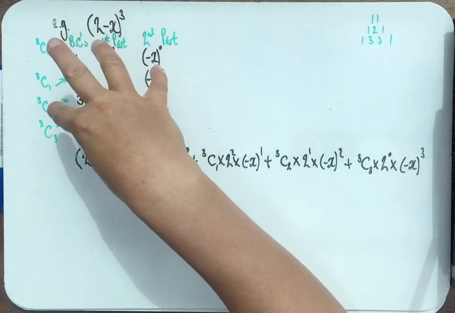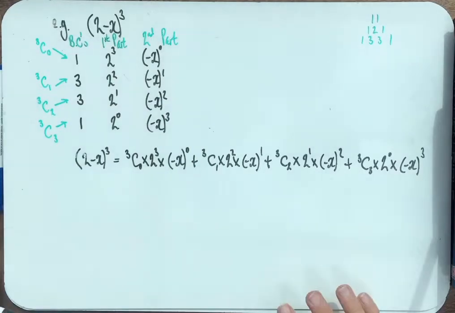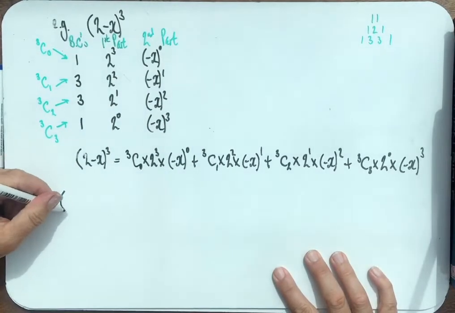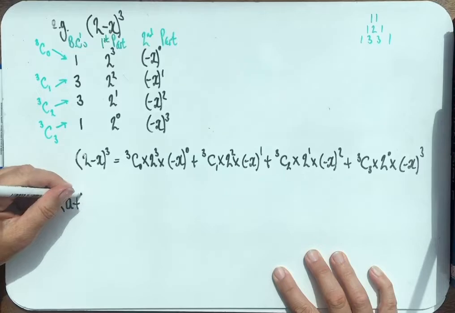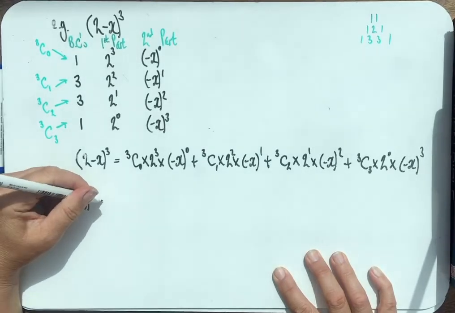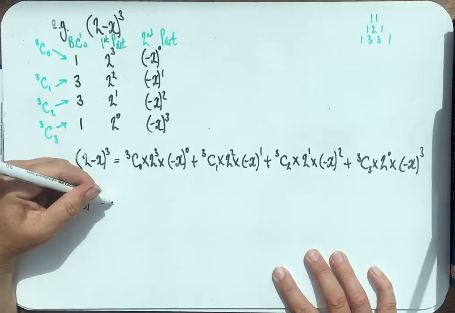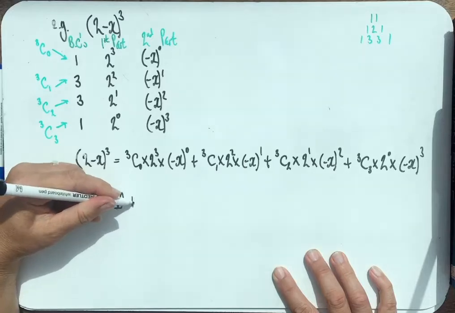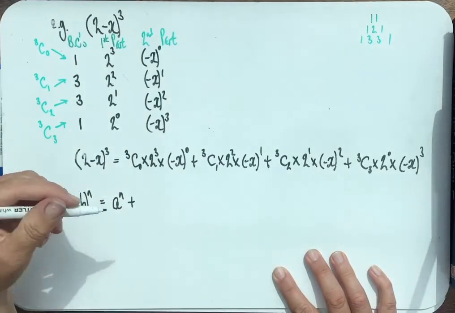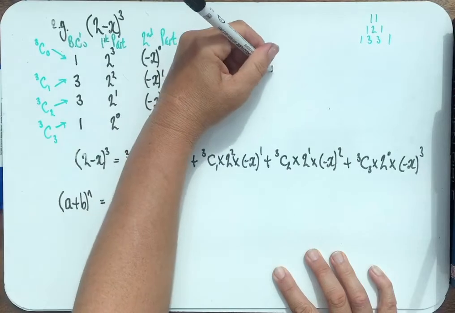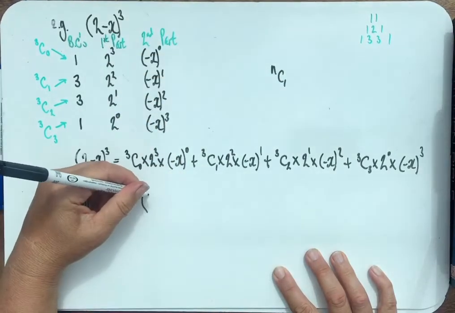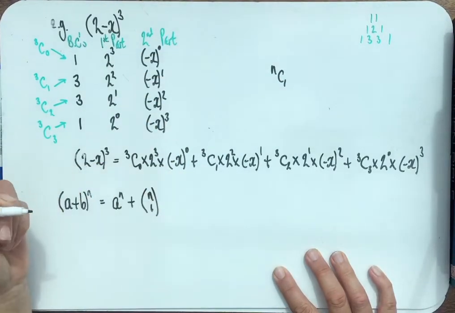So I tend to teach this more as a pattern, but in your formula book you have this formula, which is (a plus b) to the power n is equal to a to the n plus, rather than writing n choose 1 like that, it's written like that, but it means the same thing.